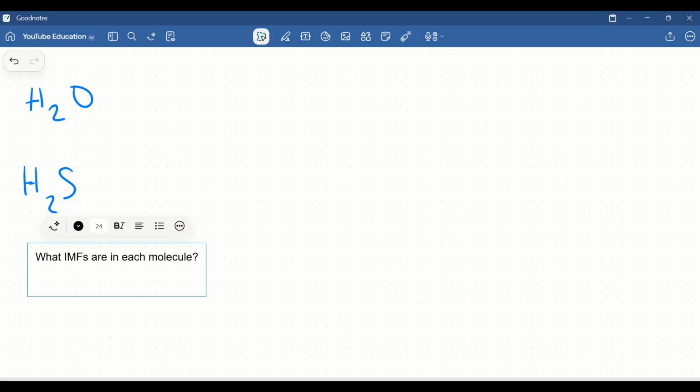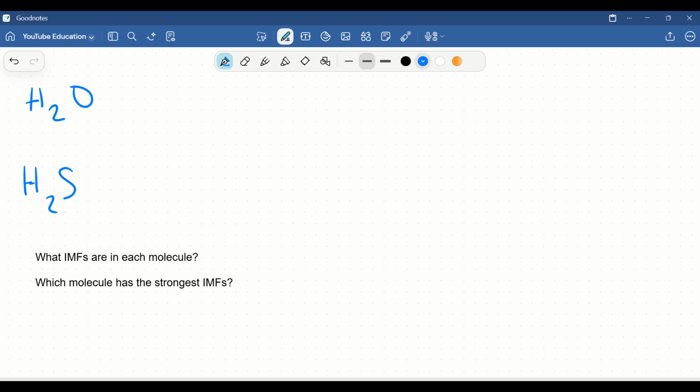And the second question I'm going to ask is which molecule has the strongest IMFs? So take a moment to pause the video and try to answer this.